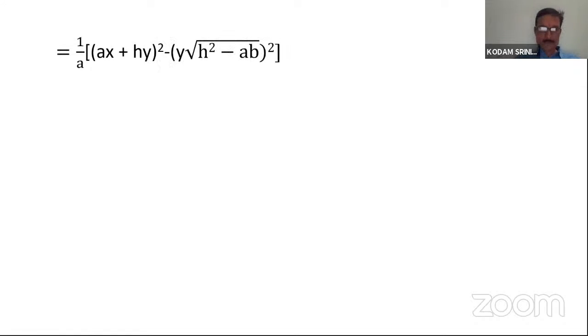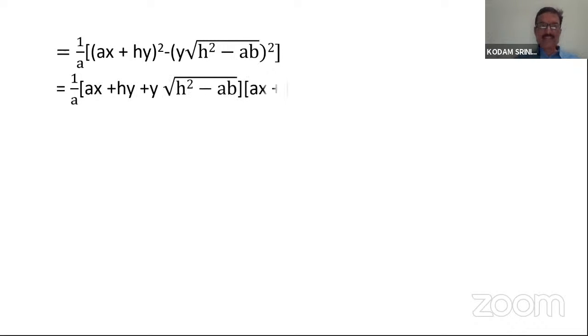So here we will write this equation as (ax+hy) whole square minus y into, already the y square term is there, right? So y into under root of h square minus ab whole square. For all these terms, I am putting the bracket and taking the square.